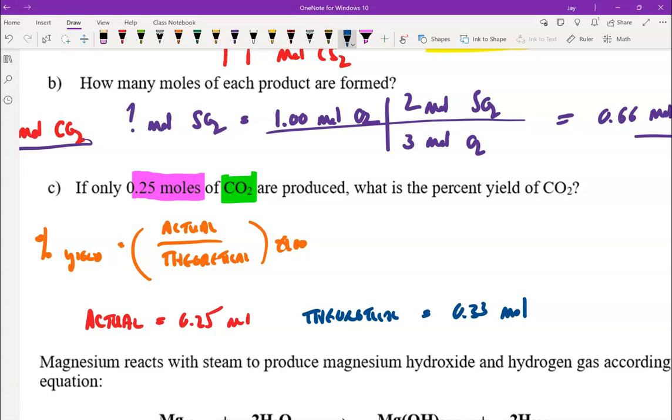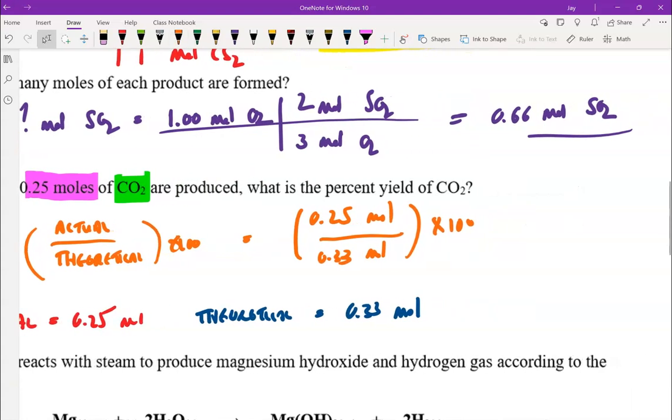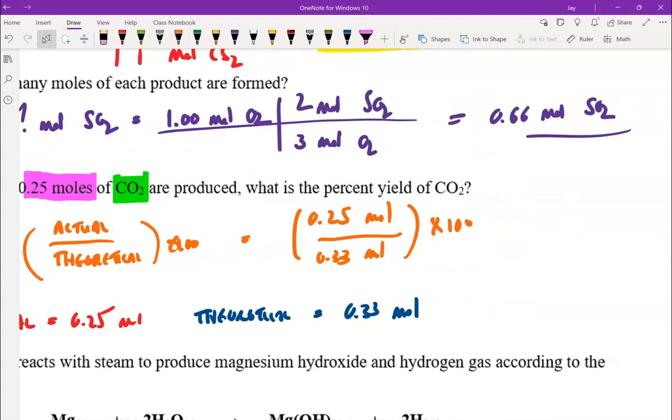So let's plug these into this equation and say, all right, if we know the actual yield is 0.25 moles, the theoretical yield is 0.33 moles, and we'll multiply that by 100. So we're going to say 0.25 divided by 0.33 times 100, and that is 75.75757575. Let's just call that 76% yield is all we're going to get.